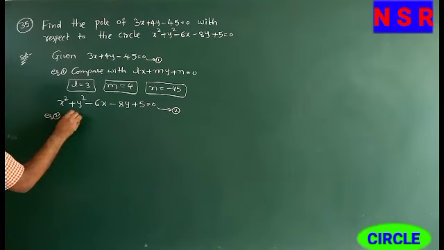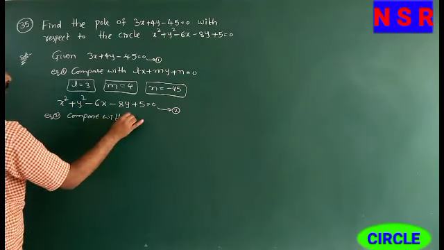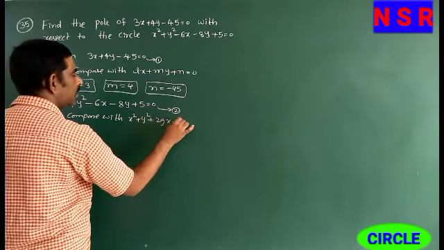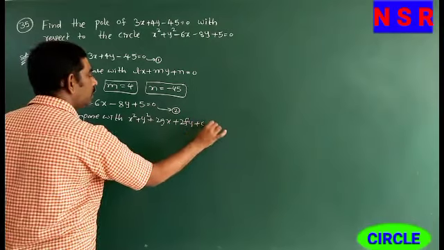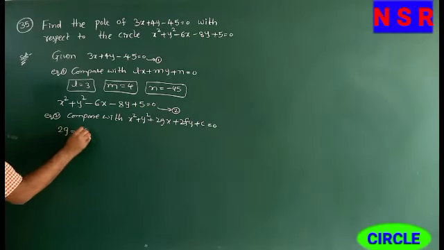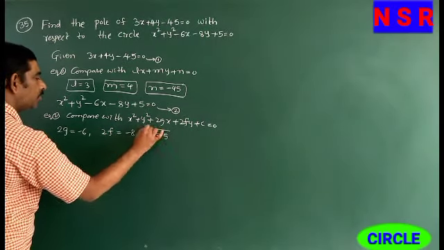So equation 2 compare with x² + y² + 2gx + 2fy + c equal to 0. So here 2g is equal to -6, 2f equal to -8 and c equal to 5.